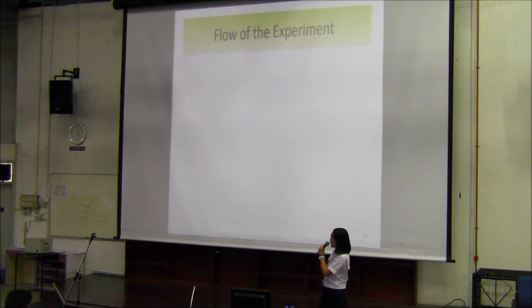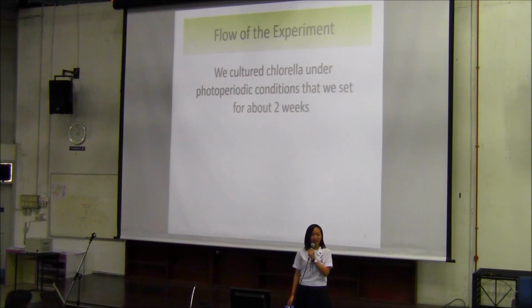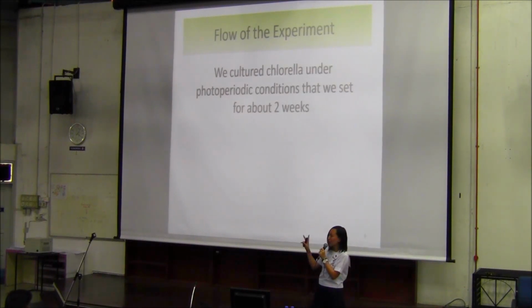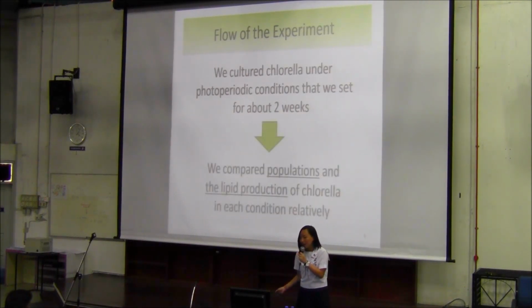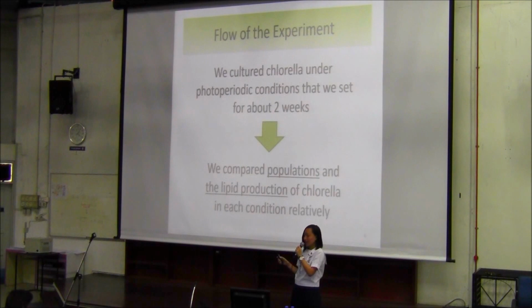Here is the flow of the experiment. We cultured Chlorella in the photoperiodic conditions that were set for about 2 weeks, and then we compared populations and the lipid production of Chlorella in each condition.